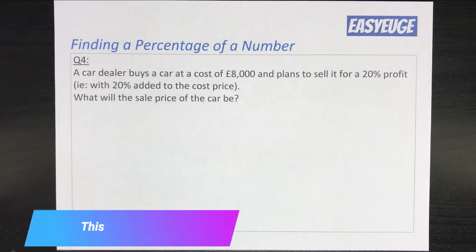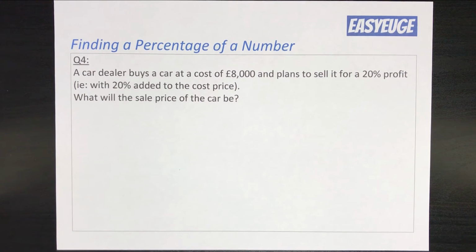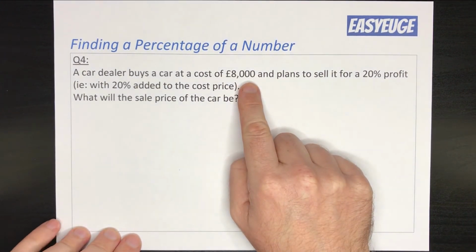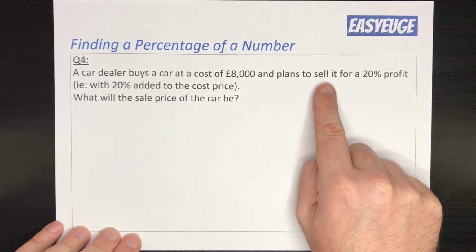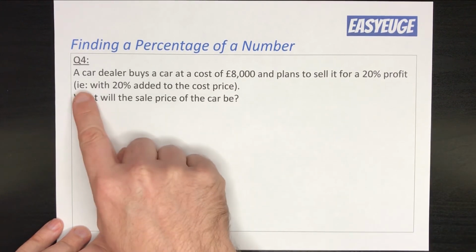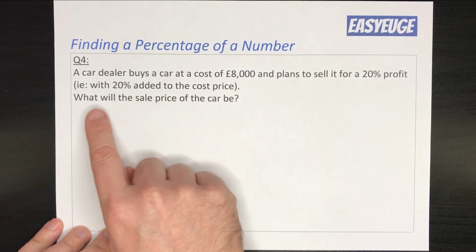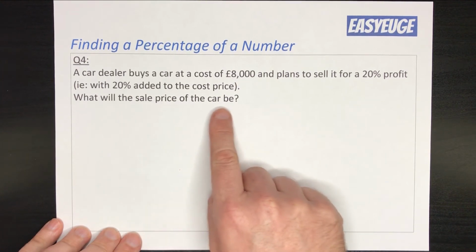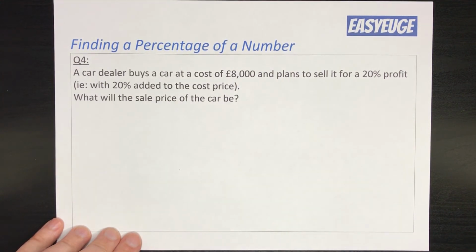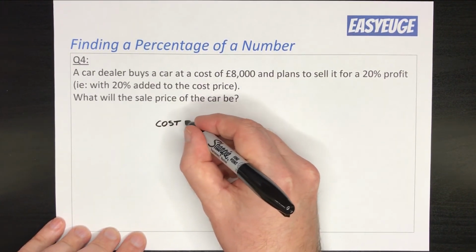And the final question in this video is, a car dealer buys a car at a cost of £8,000. So there's the first piece of information that we have, and plans to sell it for a 20% profit. That is with 20% added to the cost price. What will the sale price of the car be? So that would be the cost price plus 20%. So let's write down the information that we have just now.